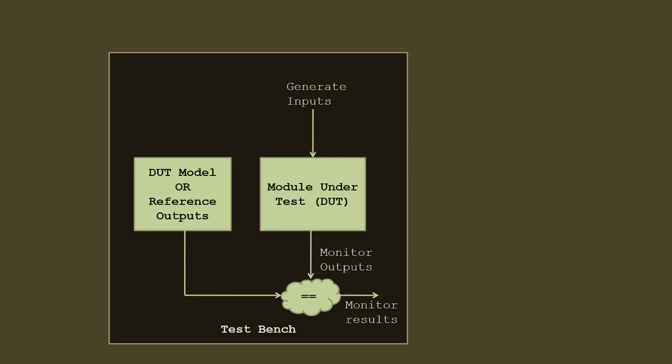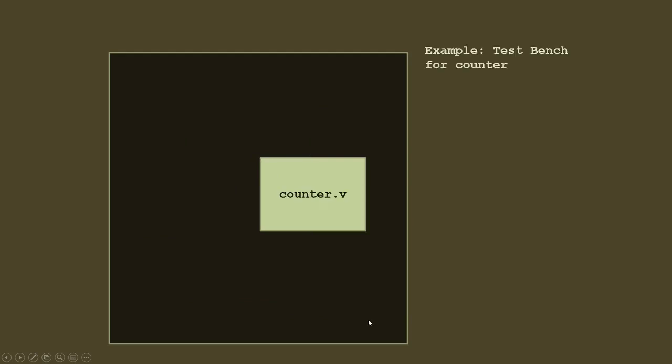For example, let's say I have made my own optimized multiplier, then I can use a model using static and then see whether for a lot of inputs, almost all the inputs, my outputs match. So if there is a model, then we can give same inputs to model as well as to the device under test and monitor the outputs. If there is not a model but reference outputs are available, then we can compare it with the reference outputs.